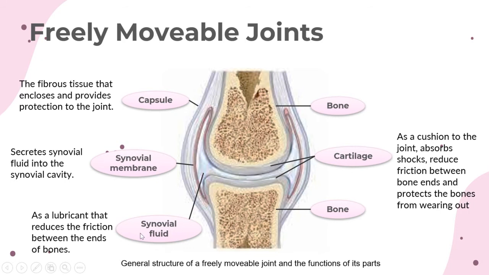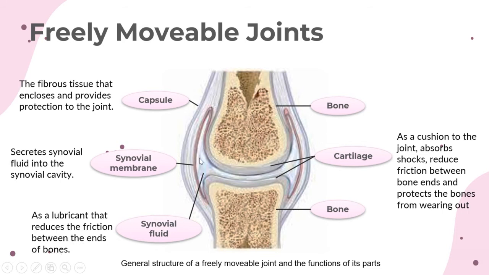Synovial fluid refers to the fluid that is secreted by the synovial membrane. What is the function of the synovial fluid? It acts as a lubricant that can reduce the friction between the ends of the bones.